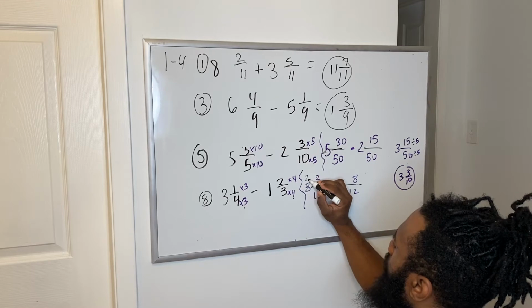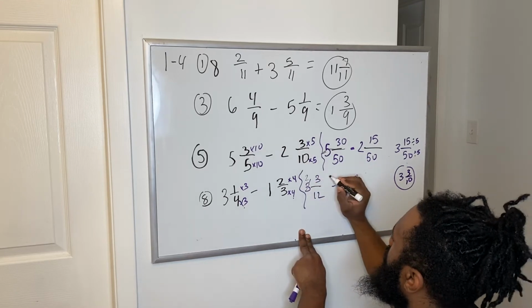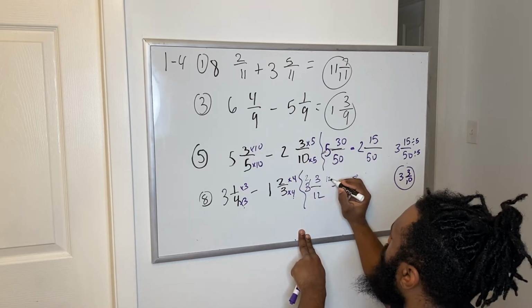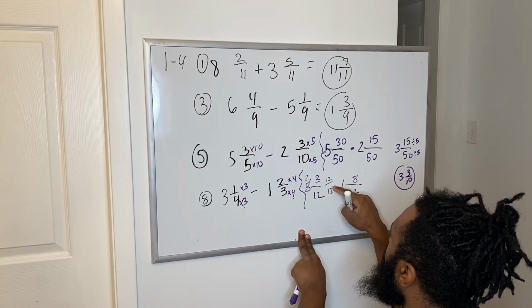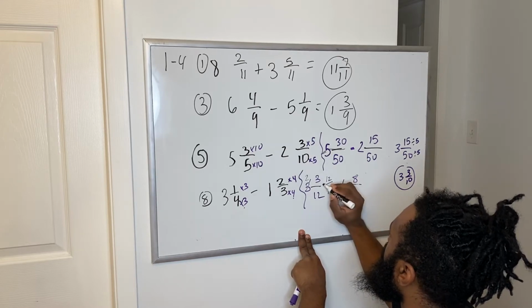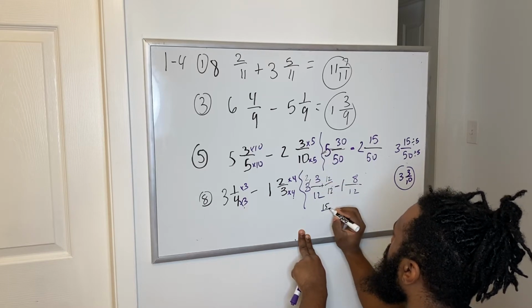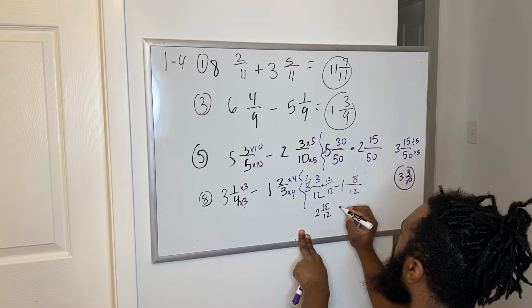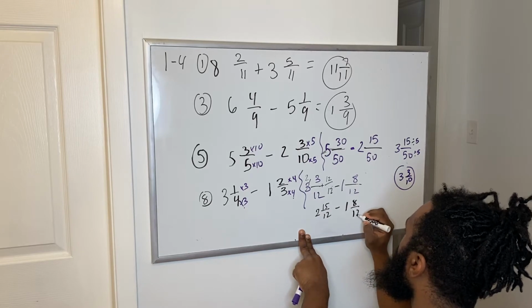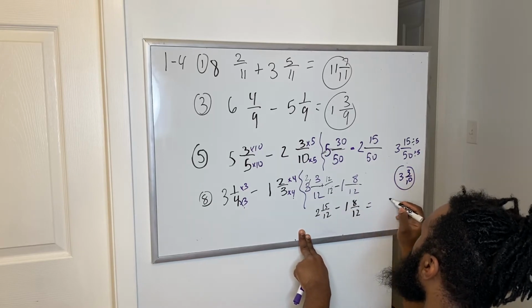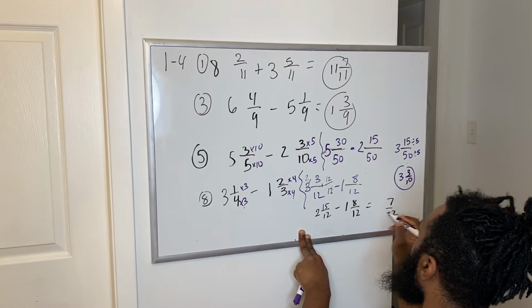There would be 2 remaining. And then I add that whole number here. A 1 is 12 over 12 in this case. So 3 plus 12 is 15 over 12, and then minus 1 and 8/12. 15 minus 8 is 7 over 12. 2 minus 1 is 1.